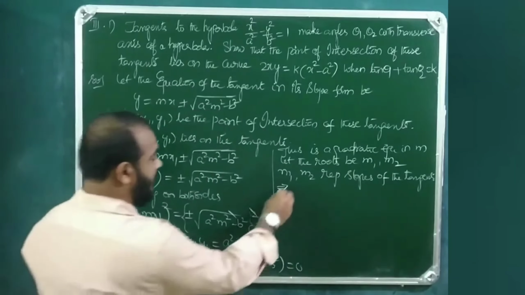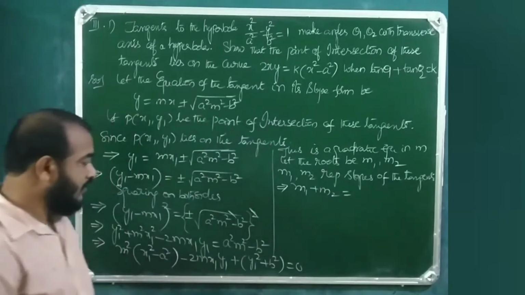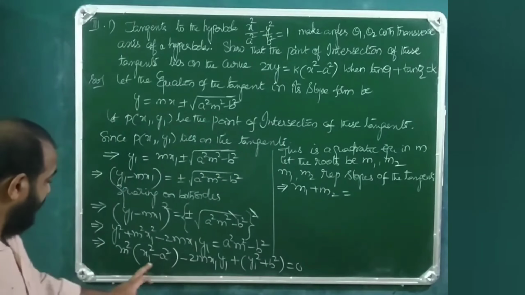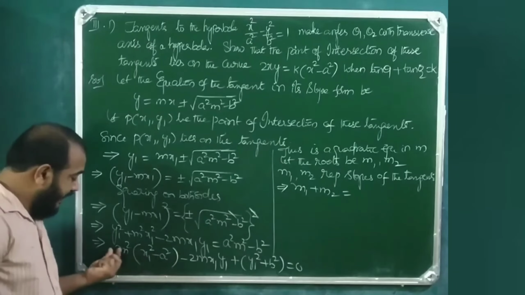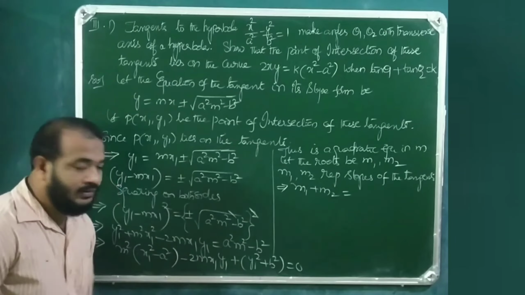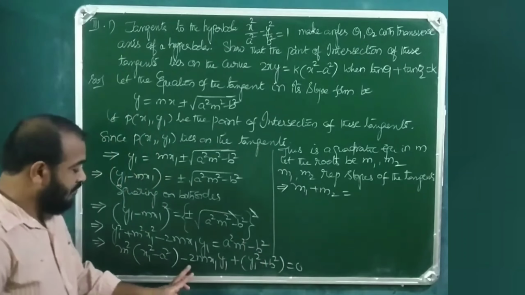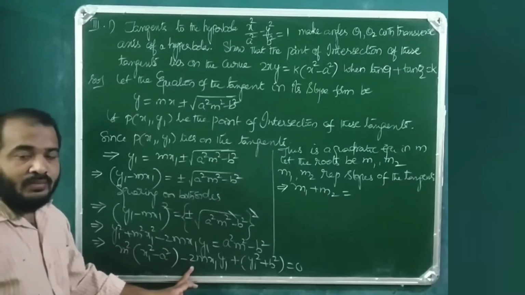For a quadratic equation ax² + bx + c = 0, the sum of the roots is −b/a.